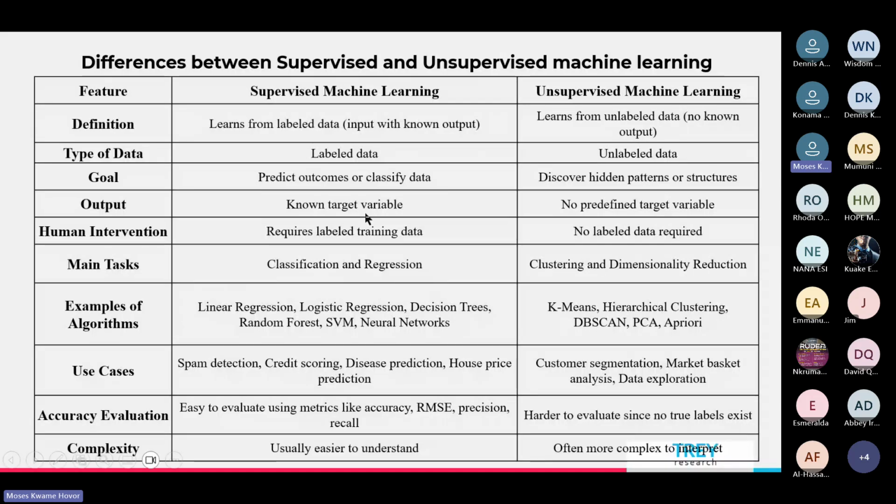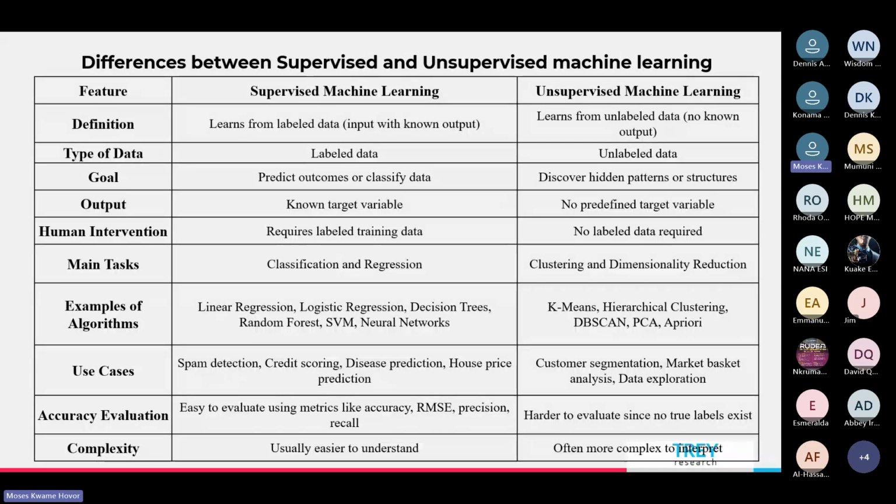Talking about human intervention, as we can see, supervised machine learning requires labeled training data. For unsupervised machine learning, no labeled data is required. So basically, these are some of the differences between supervised and unsupervised machine learning.